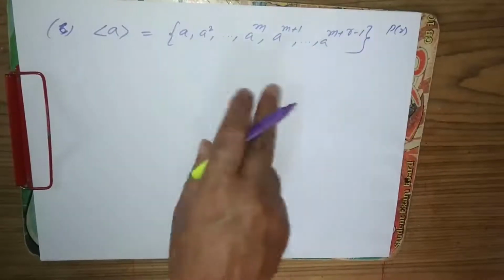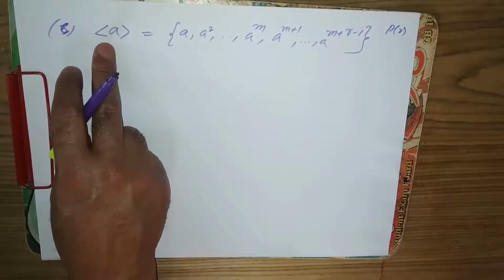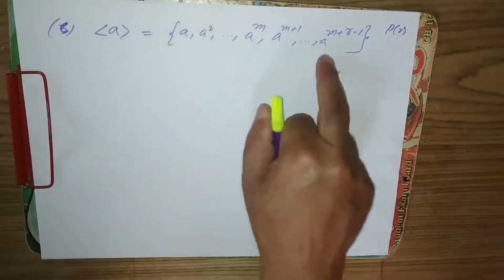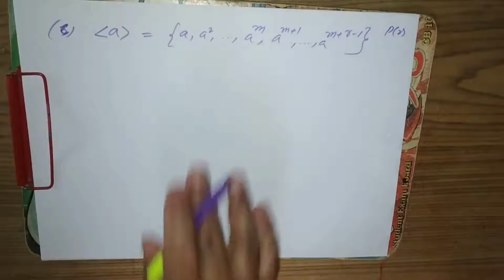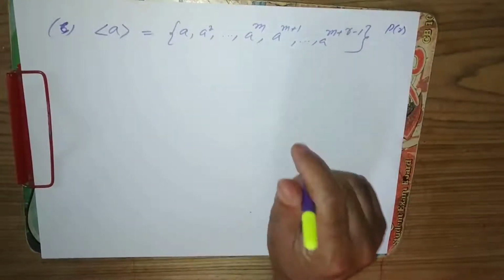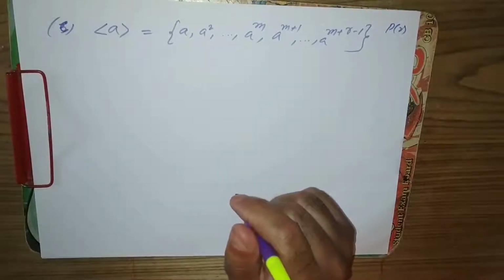So in this case, if there is repetition, then this monogenic semigroup is equal to this list of powers of A. So their total number is m plus r minus 1. It's finite in this case.